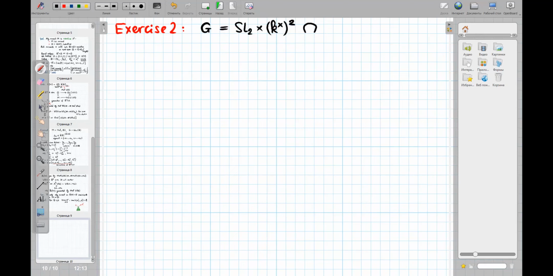And this group acts naturally on the space V, which is the sum of two copies of K squared, on which SL2 acts in a natural way, and K* squared acts by dilations on each copy.